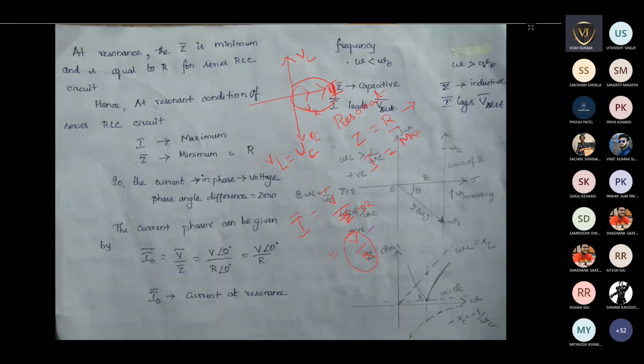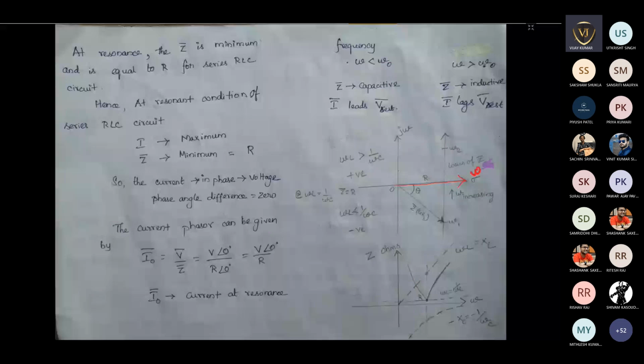Now let us see how the impedance changes with respect to the frequency. You can see this in the top figure, how omega changes and how the impedance changes based on this. This is the reference. You can consider this as the resonant condition, omega is equal to omega resonant.